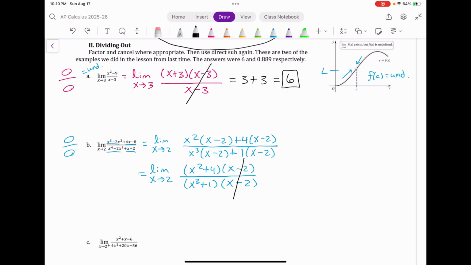So now, since that goes away, we can plug in the value into the expression that's left. And so we get 2 squared plus 4 over 2 cubed plus 1, which turns into 8 over 9.